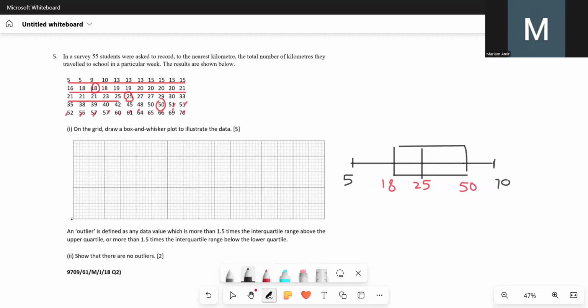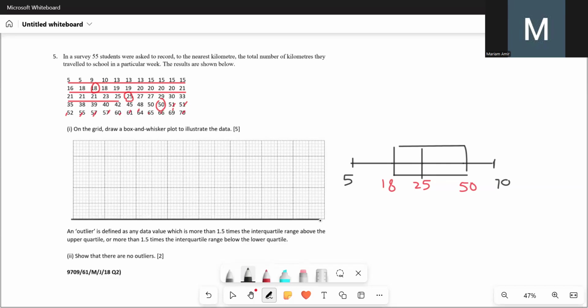So what scale could we take? We need to start with 5 and go all the way to 70. So we could do 5, and then this could be 10, then 15, 20, 25, 30, 35, 40, 45, 50, 55, 60, 65, 70.